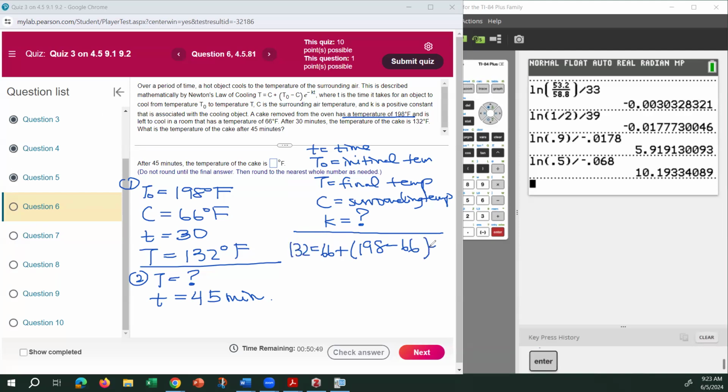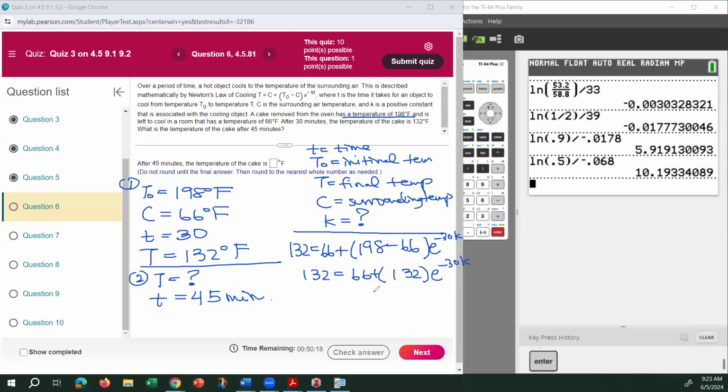And then we have e to the negative k. We don't know k, but we know the time is 30, so negative 30k. Let's simplify as we go. 132 equals 66, and 198 minus 66 is going to be 132, times e to the negative 30k.